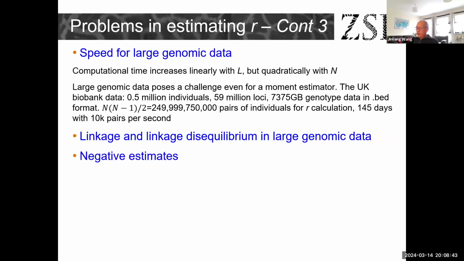And another issue is negative estimates. As mentioned before, this happens when we are using the current population as the reference. Actually, we are using the current sample as the reference. We do get a lot of estimates which are slightly negative, below zero.